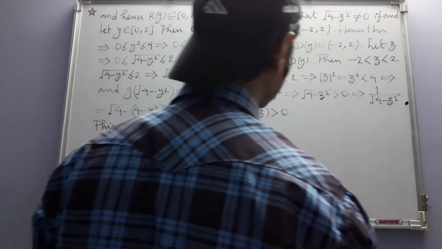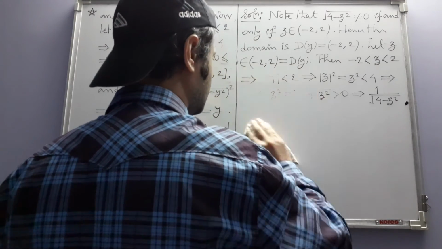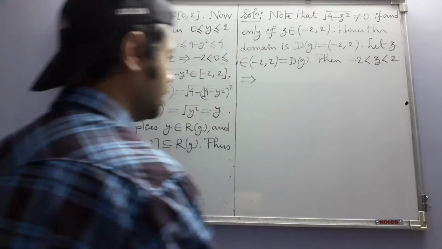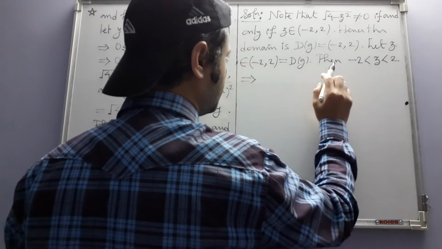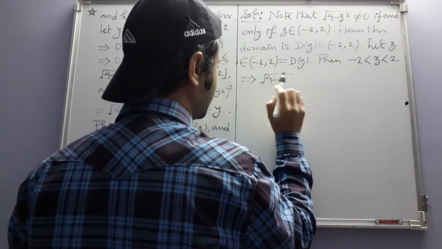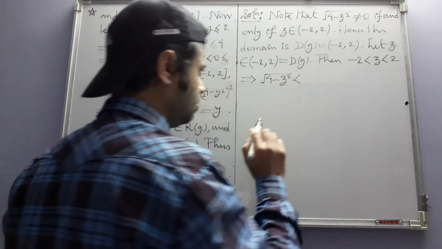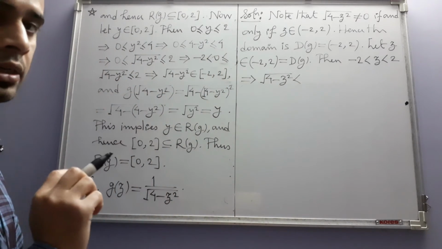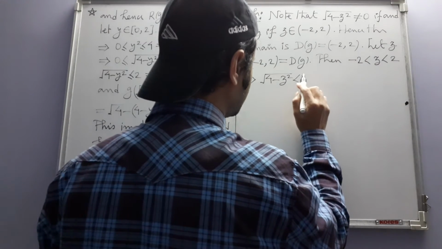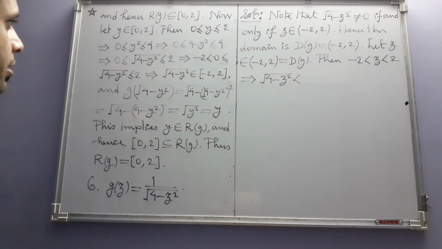Then, which implies, okay, let us use previous exercise calculation once more. This implies square root of, as we are writing this, we have already seen that this is less than or equal to 2, but equality is not an option now because minus 2 and 2 are not values. Am I saying the things correctly?